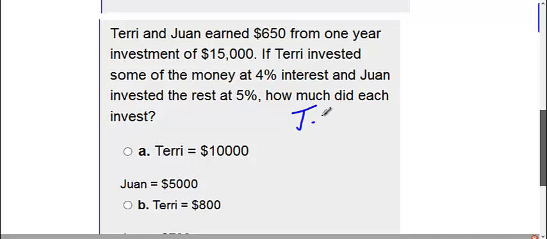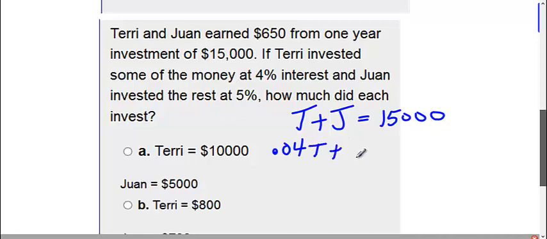So Terry plus Juan, both their investments totaled $15,000. Now, their interest, we're going to look at here. Terry invested at 4%. So 4% is 0.04 times my Terry, plus Juan invested at 5%, so 0.05 times my Juan, equals how much I made, $650.